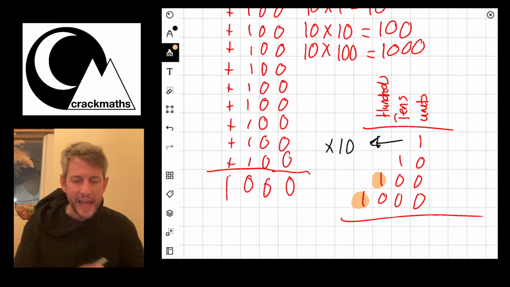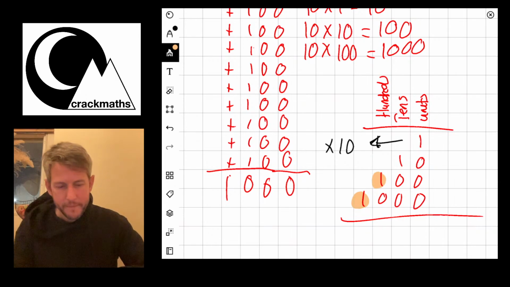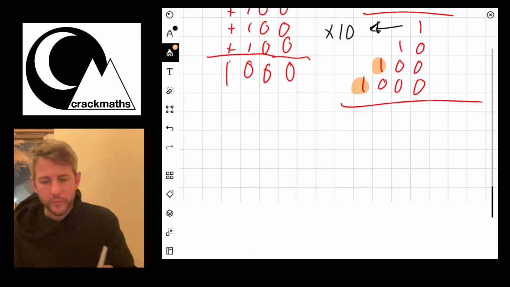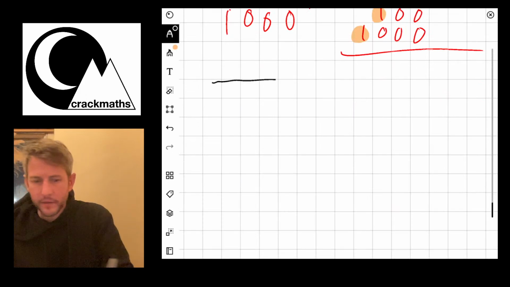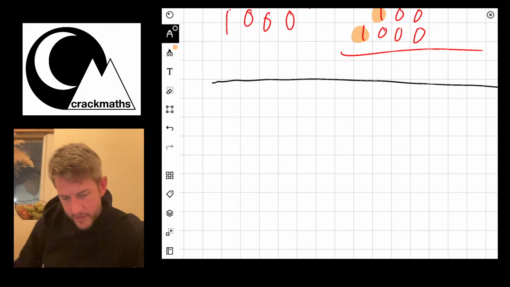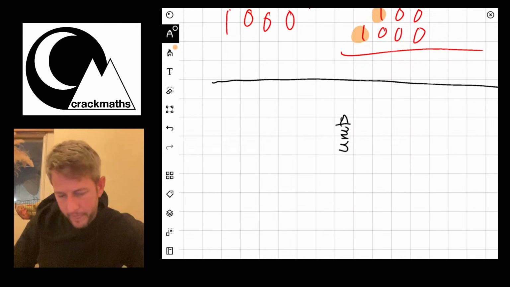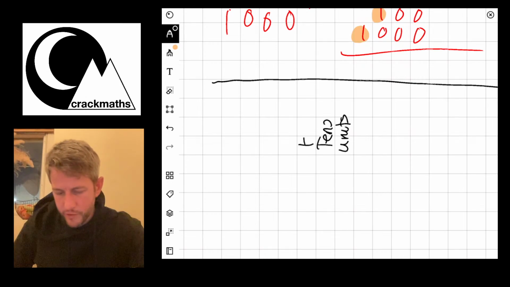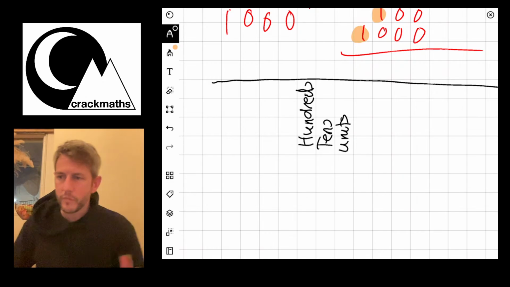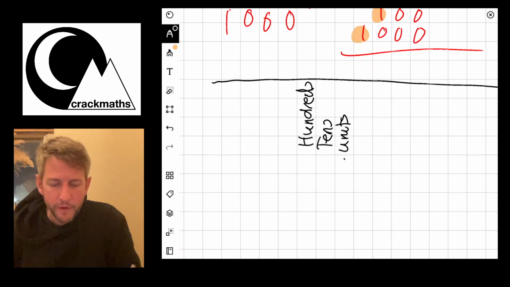So let's look at a number and let's see if we can times it by 10, okay? So let's say that here, I'm going to write my columns here. So we've got units, tens, and hundreds. Okay. So let's say I've just got 5 here.